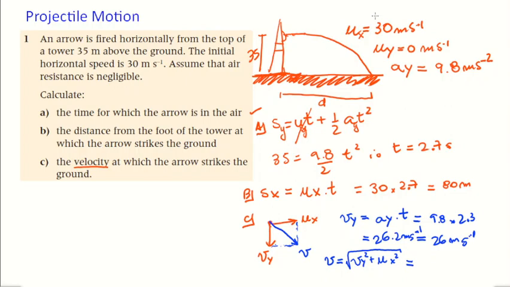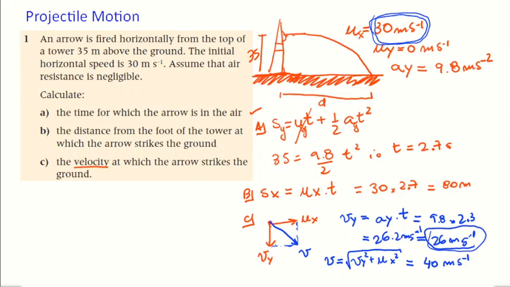It's the same value that we had in the beginning, because the horizontal motion is still the same, and for the vertical one we have found a new value. So if we put those values in, we would find about 39.8, which to two significant figures would be 40 meters per second.